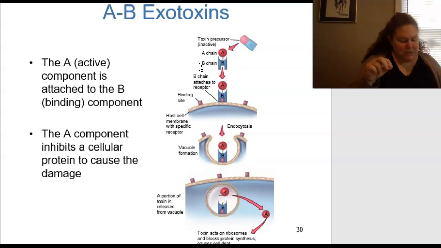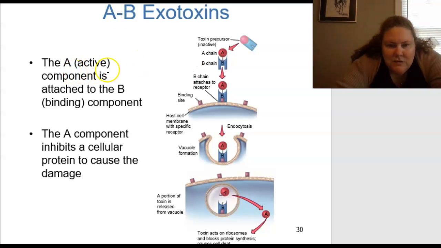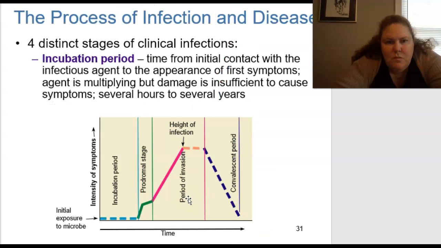The A portion is going to be released into the cytoplasm, where it blocks the synthesis, or the making, of those proteins that are required for normal cell functions. And then the diphtherial toxin is going to be highly destructive for the cells, especially those of the heart and the nervous system. So A, the active component, is attached to the B binding component, and then the A component inhibits the cellular protein to cause the cellular damage.